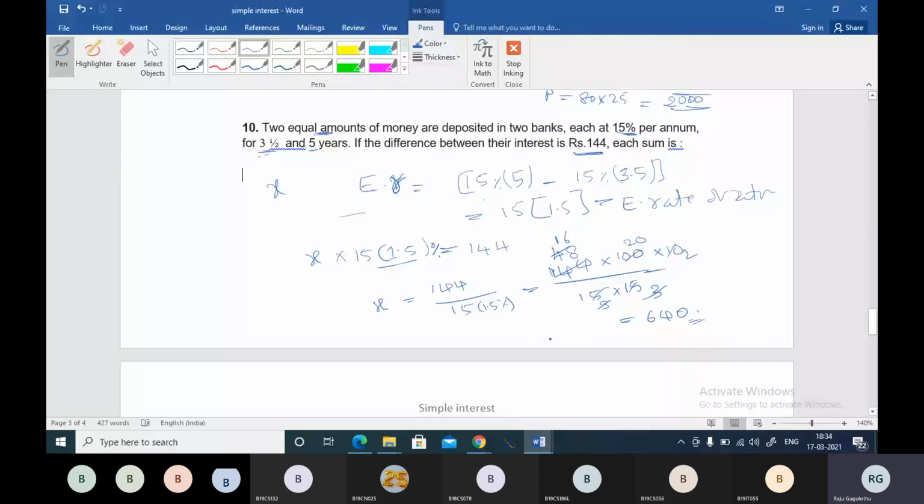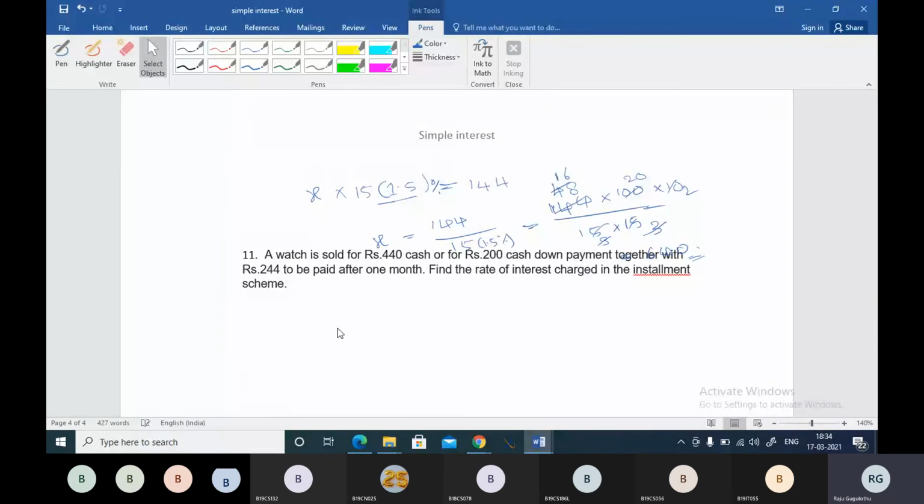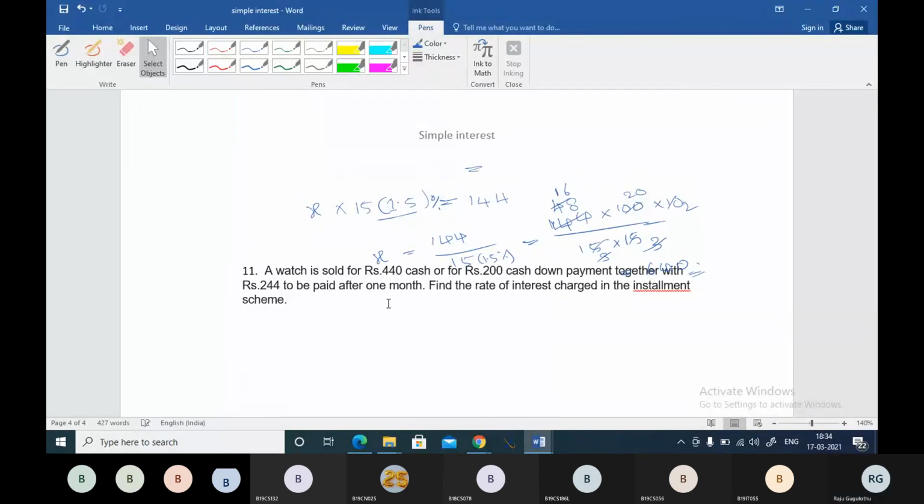And the last question is question number 11. This is an installment question, please answer the question. The installment model is also very important.